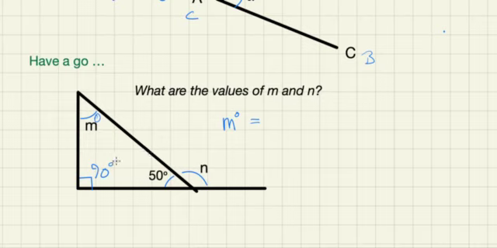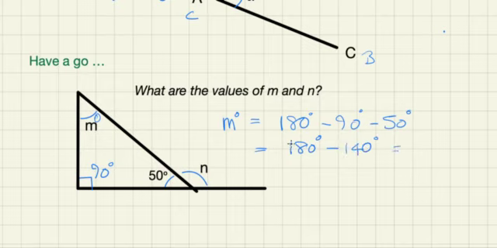We know that all the angles inside a triangle add up to 180 degrees. If we took away 90 degrees and we took away 50 degrees, then we should come up with the answer for m. So it's 180 minus 90 and 50, which is 140 degrees. 180 minus 140 gives you 40 degrees.